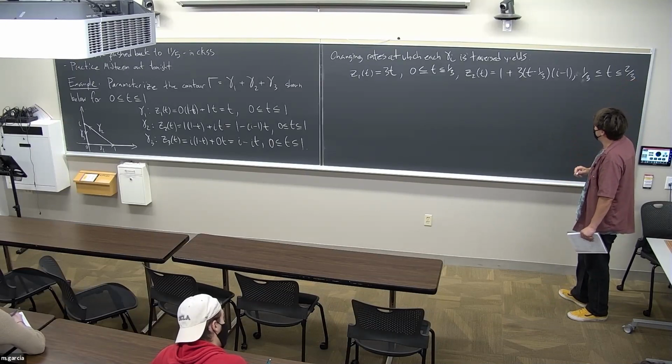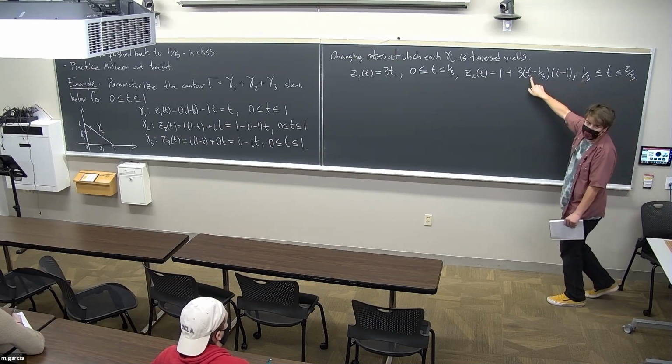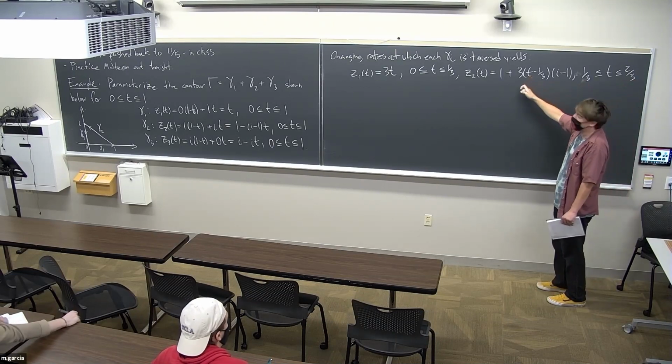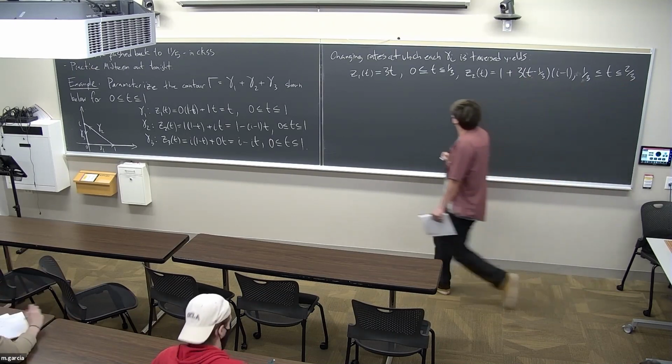Yeah? That is to say, my start time is 1/3, that gives me a 0 here. I'm going at a third the rate, so I multiply by 3. Okay.